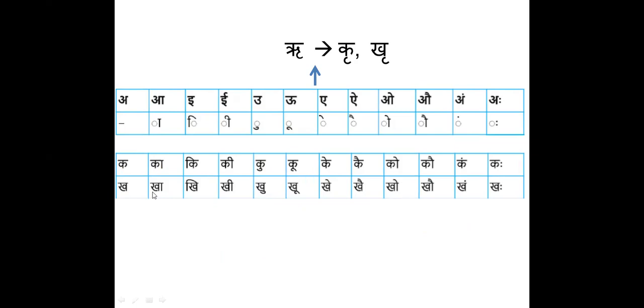What are the Vyanjans you studied? Ka series, Cha series, Ta series, Ta series, Pa series, Ra series, Sha, and Sanyukt Vyanjan. You have to write all those Vyanjan in the Barakhadi format.